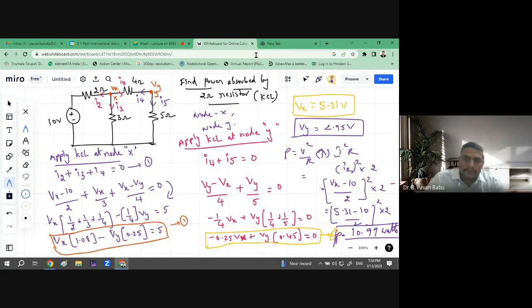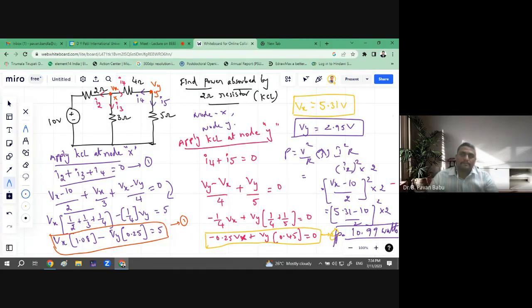This is the way of finding the solution by using KCL. The main thing is to identify the incoming and outgoing currents, similarly for node X and node Y. Like this we can go for complex circuits.